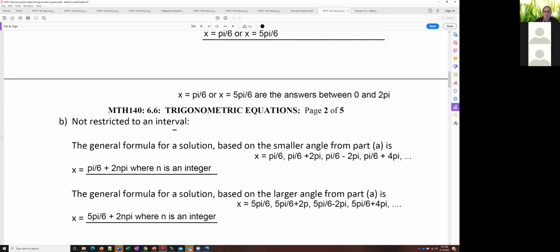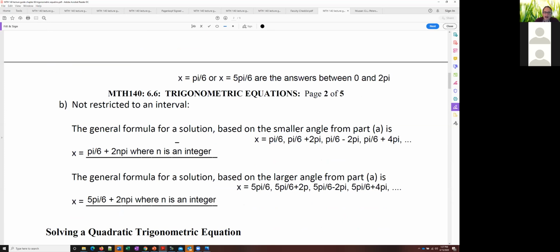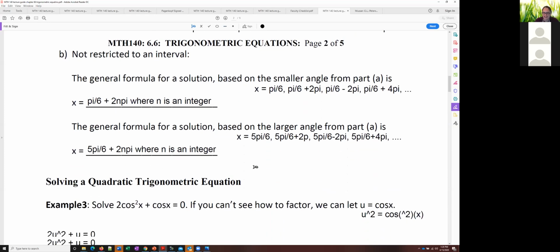Then, when I'm not restricted to 0 to 2 pi, I can start at one of my answers and add on 2 pi, or 4 pi, or 6 pi, etc. Yes, I'm always going to start with the restriction and then remove it after I find the solution in that restriction. The restriction's always going to be 0 to 2 pi, and we'll look at some problems in just a minute. Any other questions?